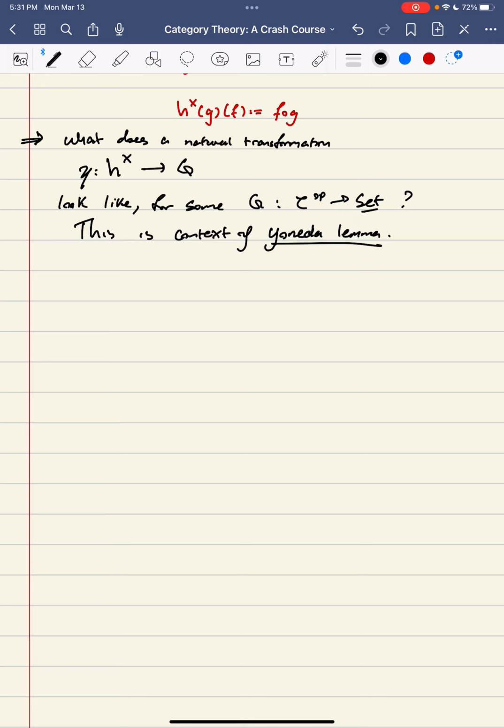Okay. So let's answer it. First, I'm going to say that we'll denote by C op set the category of contravariant functors from C to set.